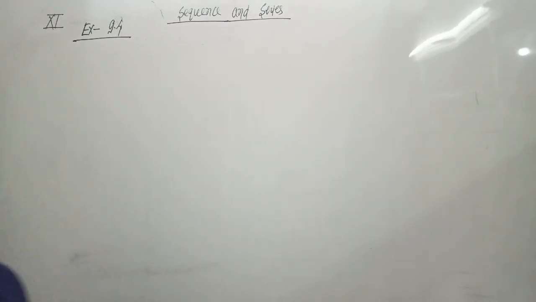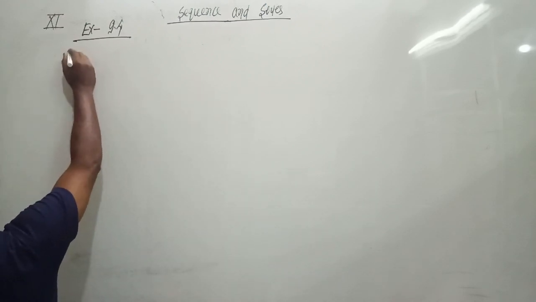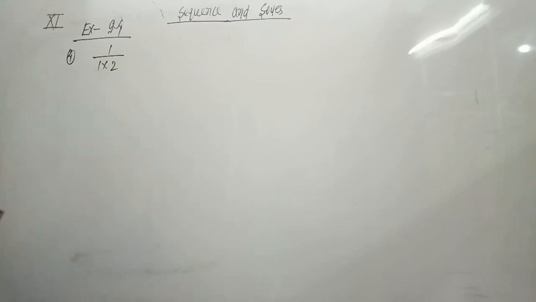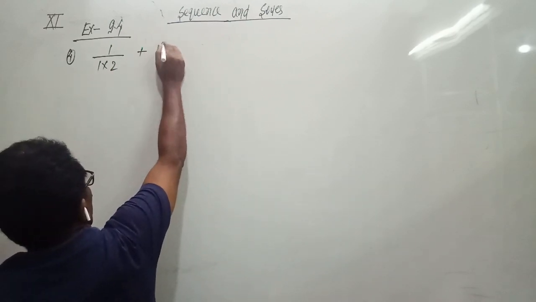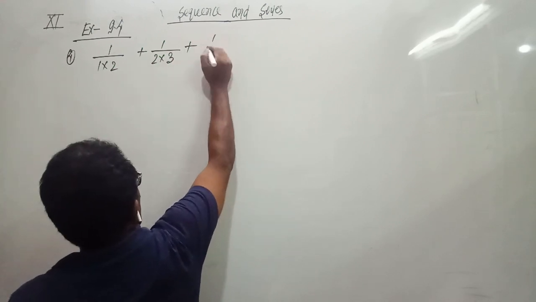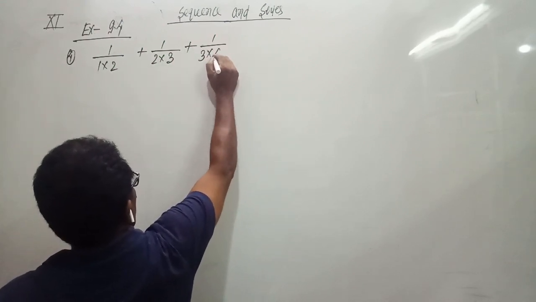Next, question number 4. 1 upon 1 into 2 plus 1 upon 2 into 3 plus 1 upon 3 into 4 plus dash dash.